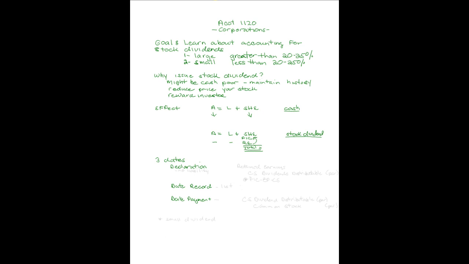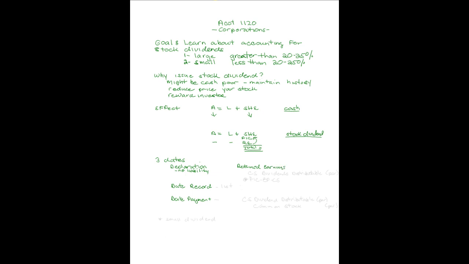The stock dividend entries are a little bit different, as you would imagine, than the cash dividend entries. On the date of declaration, the stock dividend does not create a liability because it doesn't take assets to pay it off. It doesn't decrease net assets. You still debit retained earnings, but you don't credit a dividends payable account.